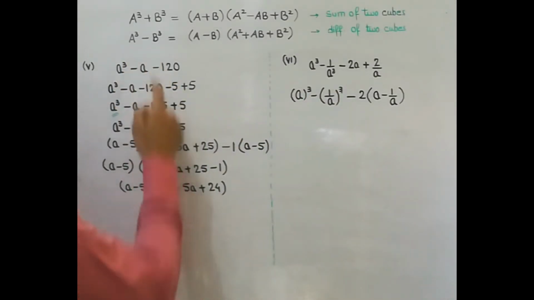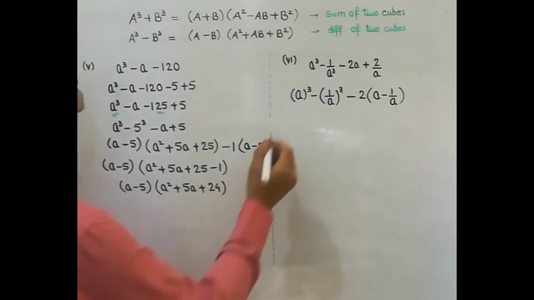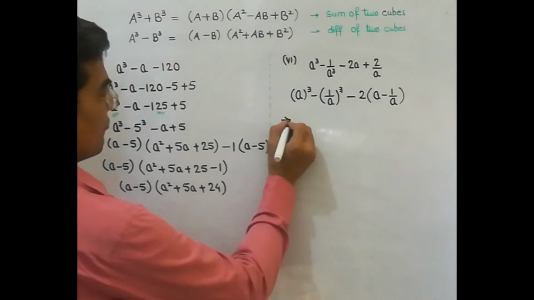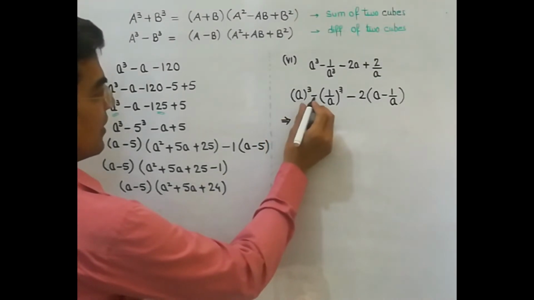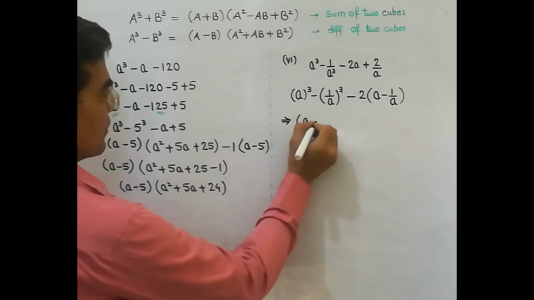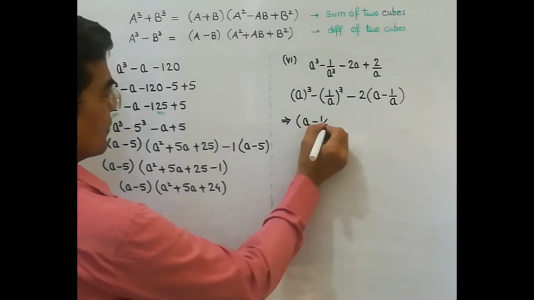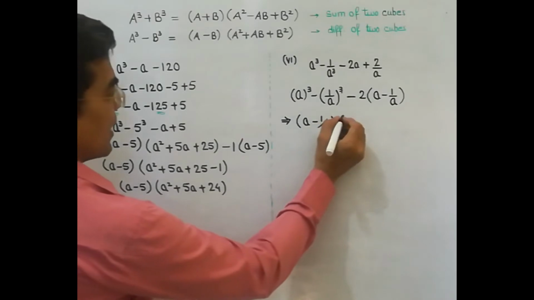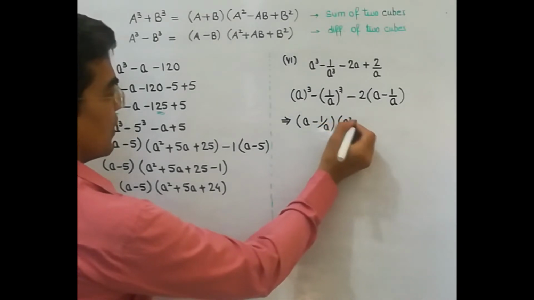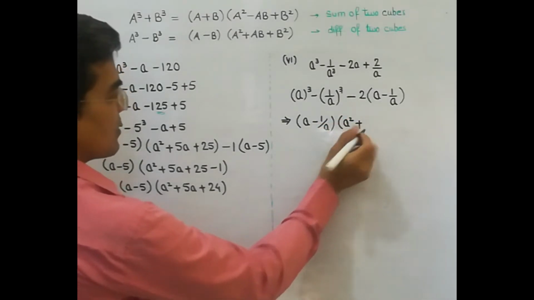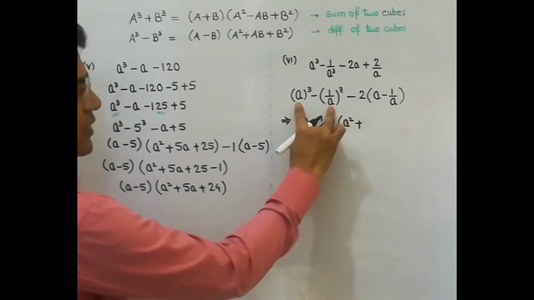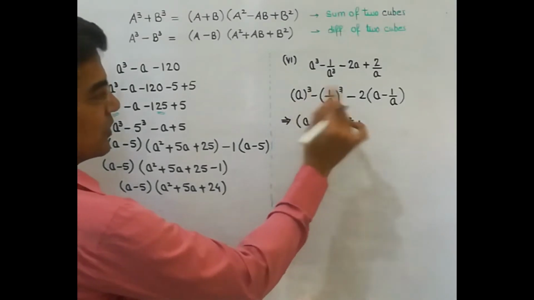So when you apply that formula, in the first bracket you will be getting a minus b. Second bracket will give you a square, then plus a into b.